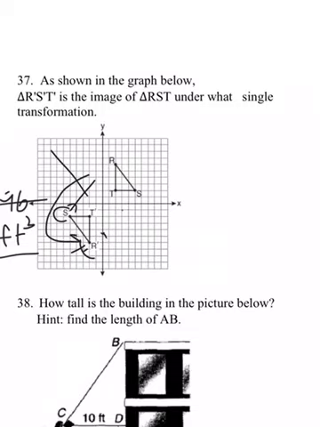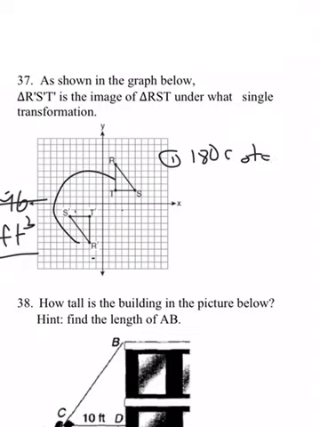So it didn't just reflect over, it rotated. So one rotation would turn you here, that's 90, the second one would put you there. So first 180, it's only the one transformation. Right, so 180 degree rotation.